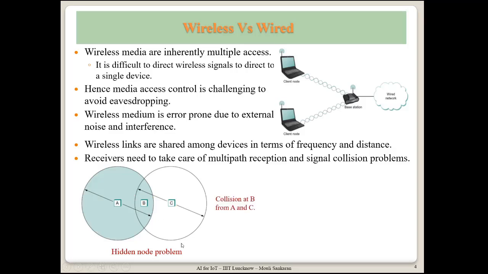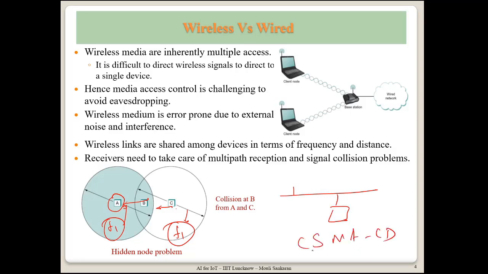But the issue here is that A, which is sending, does not know that there is another transmitter. Suppose A is transmitting in frequency F1. Similarly, C is also transmitting at the same frequency F1. Now, what happens in the Ethernet world? You might have heard about CSMA/CD, carrier sense multiple access with collision detection.